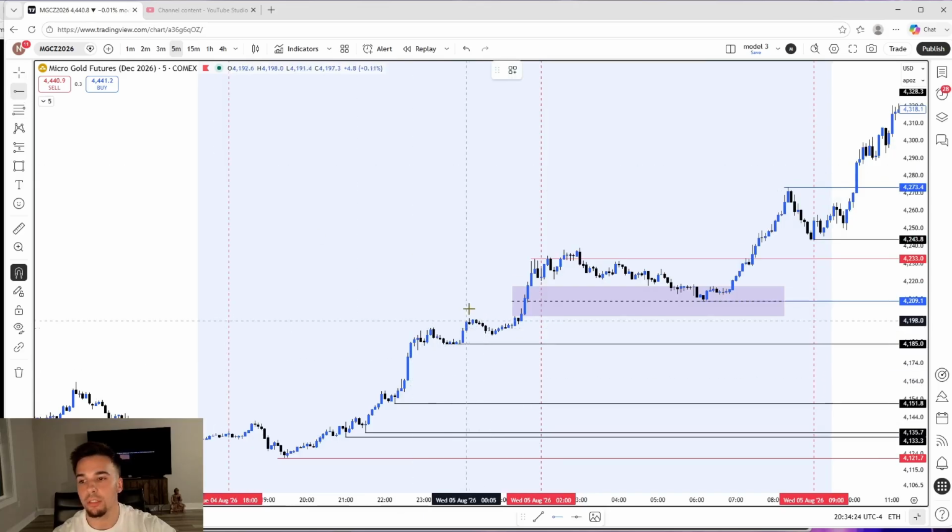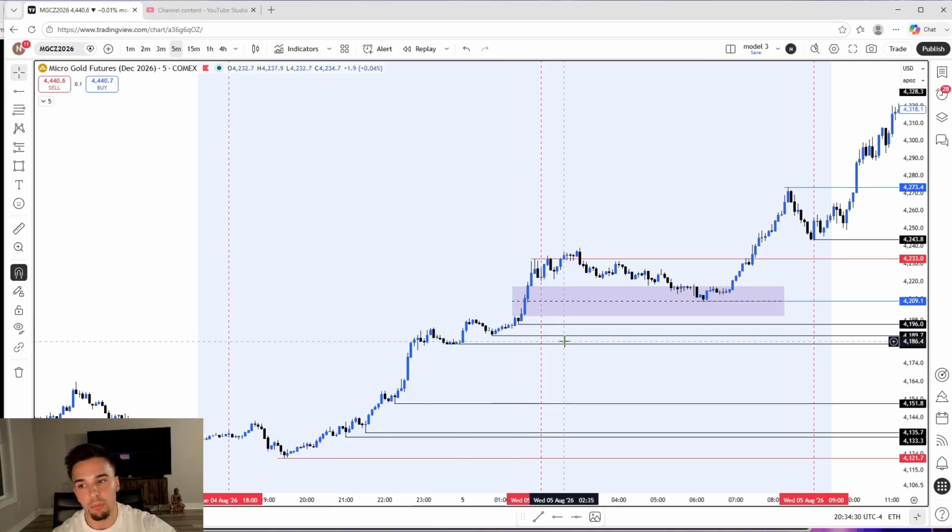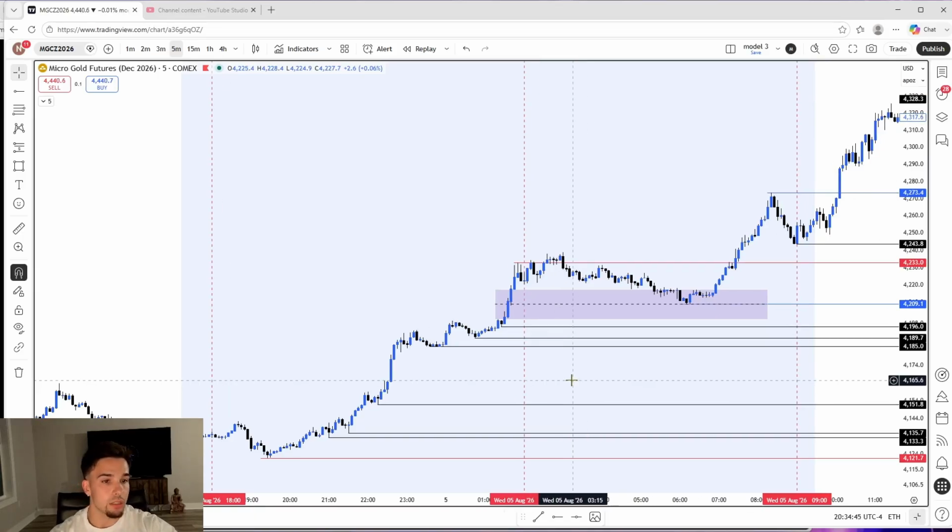Because these are where retail traders are hopping in. These are where retail traders are having their orders placed or their stop losses placed, right? So those will be much easier for price to come down or come up, sweep out, and then have big institution orders filled prior to continuing price in whatever direction institutions and market makers want it to go, okay?